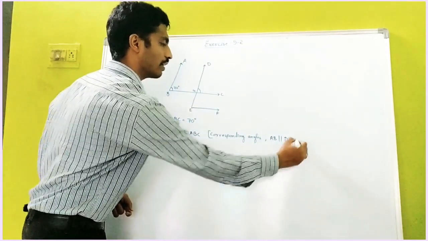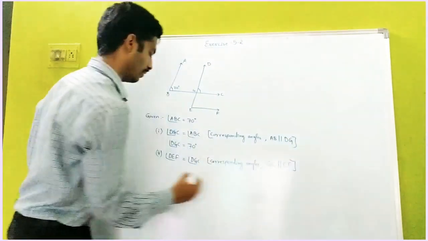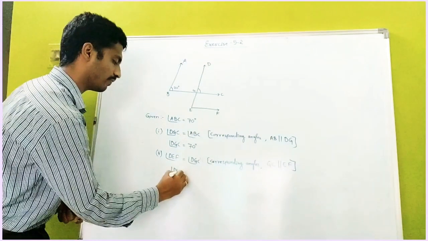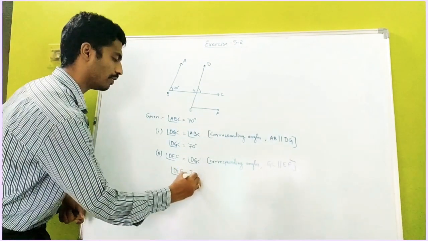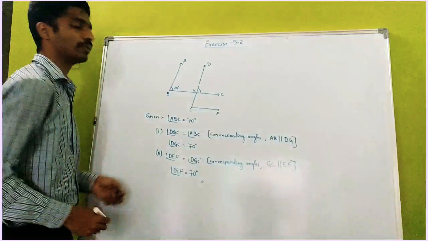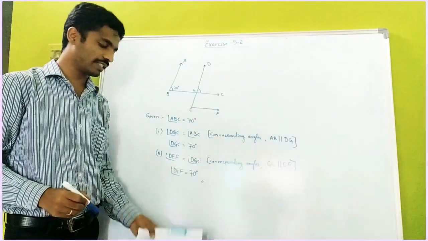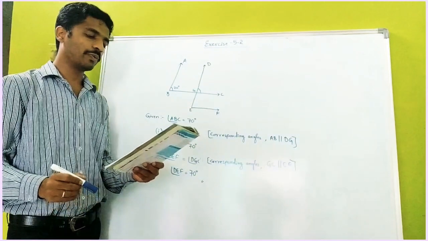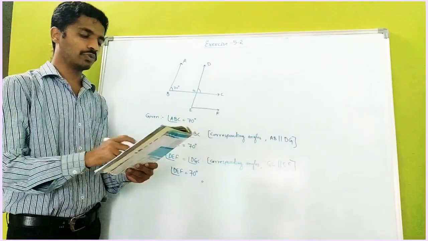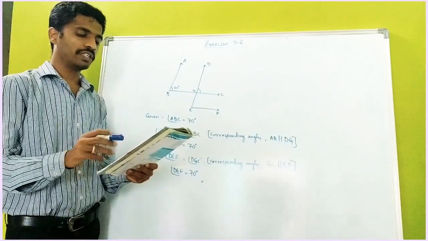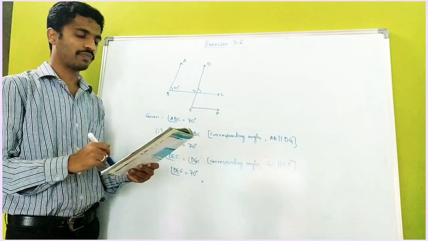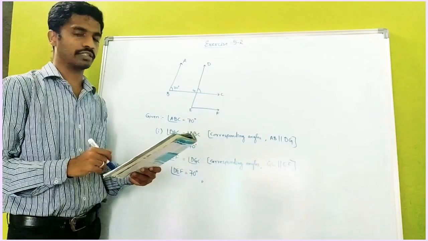So corresponding angles are equal. So DEF equals 70 degrees. Like this we have to solve the problems. And the sixth question is there. You have to decide whether L is parallel to M. They gave 4 problems. Just use the properties and find whether they are parallel or not. So do it as your practice.